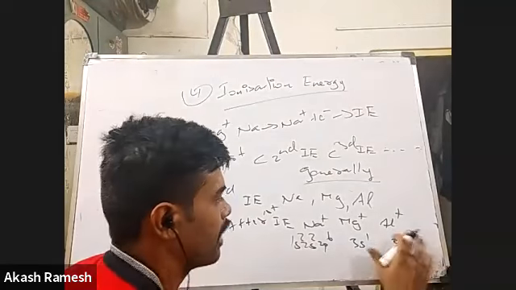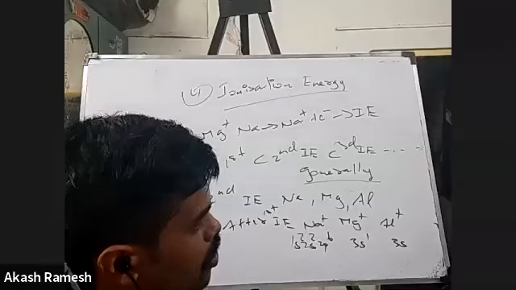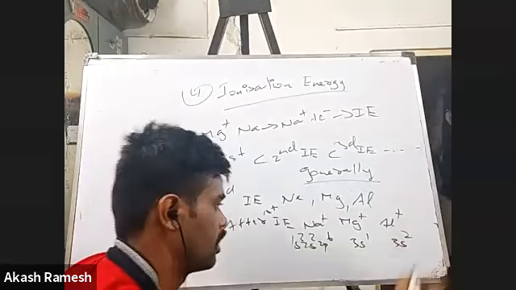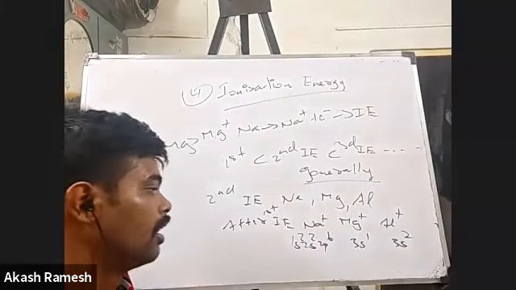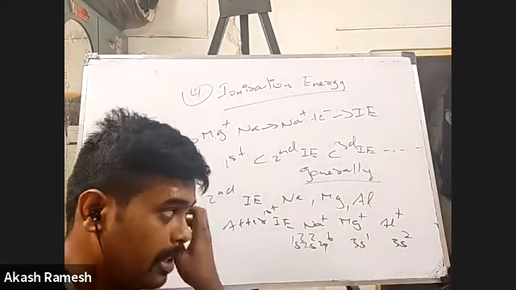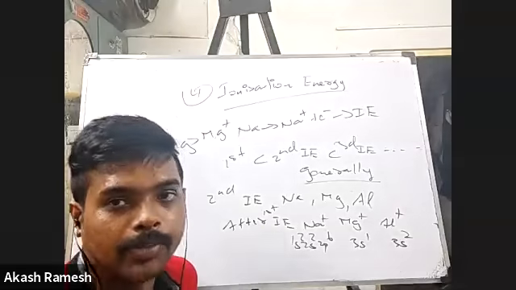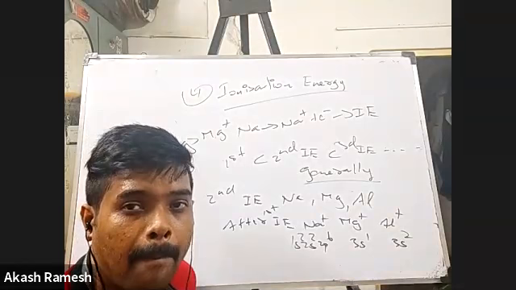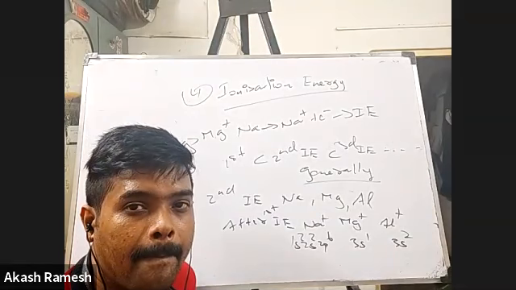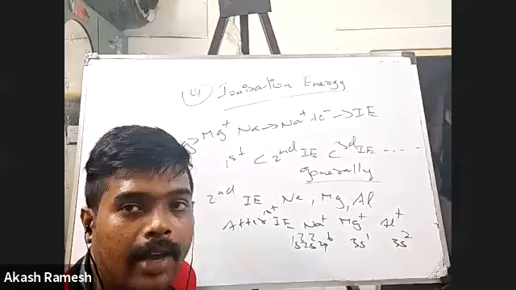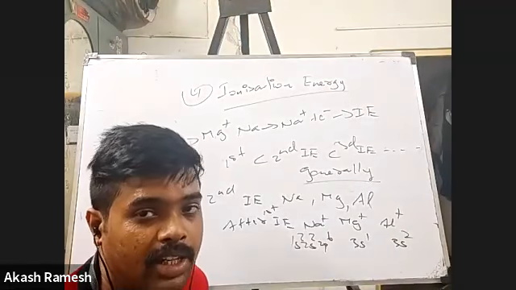Basically aluminium would have had 3s2, 3p1, so after removing one electron, that's 3s2, correct? So these would be the configurations. Now look at it and tell me, out of these three, which will have the maximum value of second ionization energy?